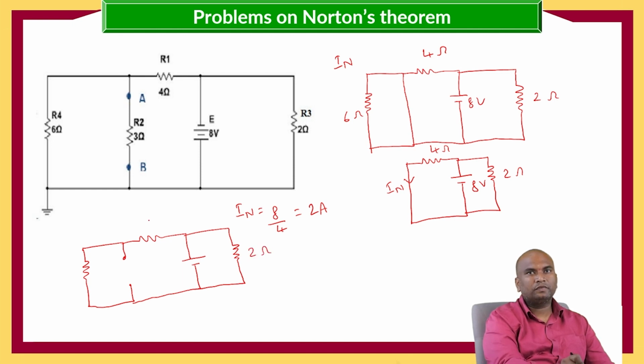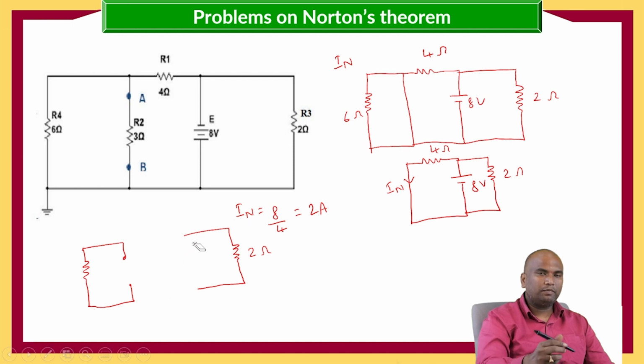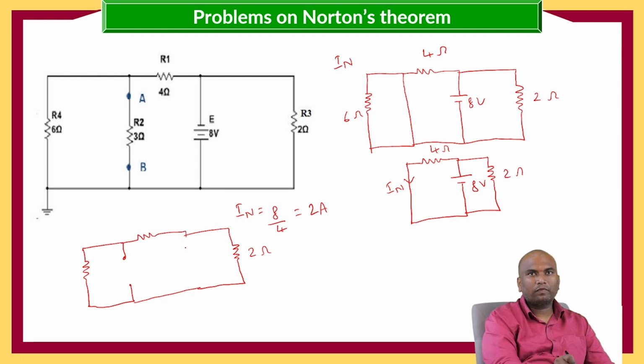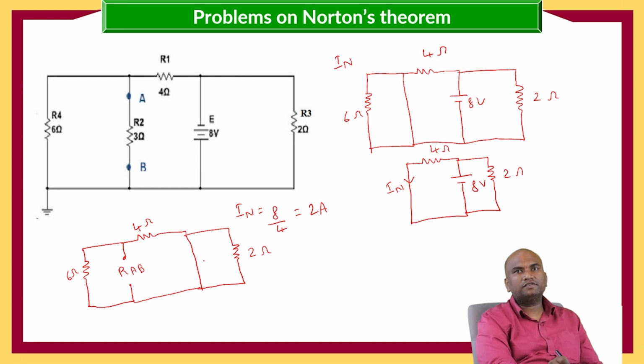Sorry, here this voltage source will be replaced with short circuit. So RAB we are going to get, that is 4 ohms, 6 ohms, and when it is short circuited, this 2 ohms will be nullified. So only 4 ohms and 6 ohms.